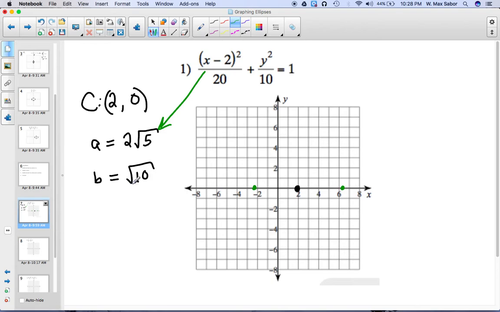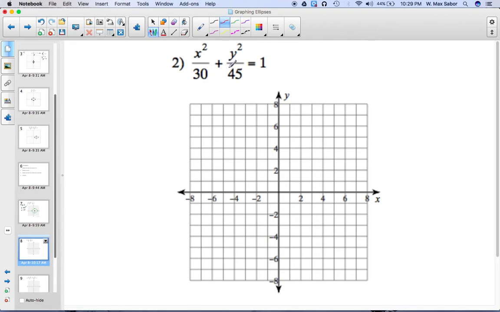For square root of 10, plotting the covertices, I'm going to go up a little more than 3 and down a little more than 3. Now we connect.